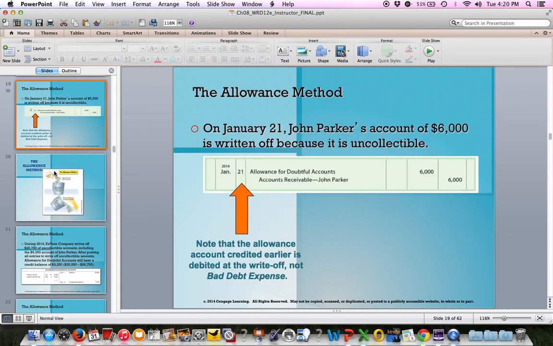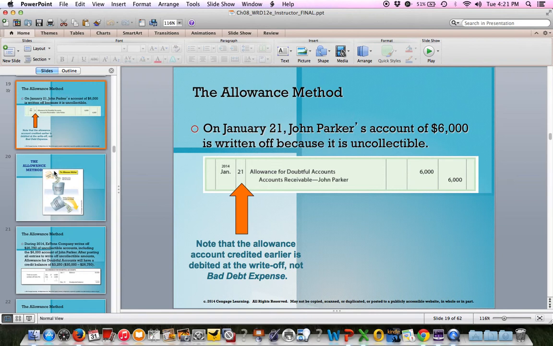So to continue with the allowance method, it says that on January 21st, John Parker's account of $6,000 is written off because we have determined that it's uncollectible. Notice that the entry, though, is very different than the direct write-off method. We've already made an estimate of what we believe future uncollectibles will be.